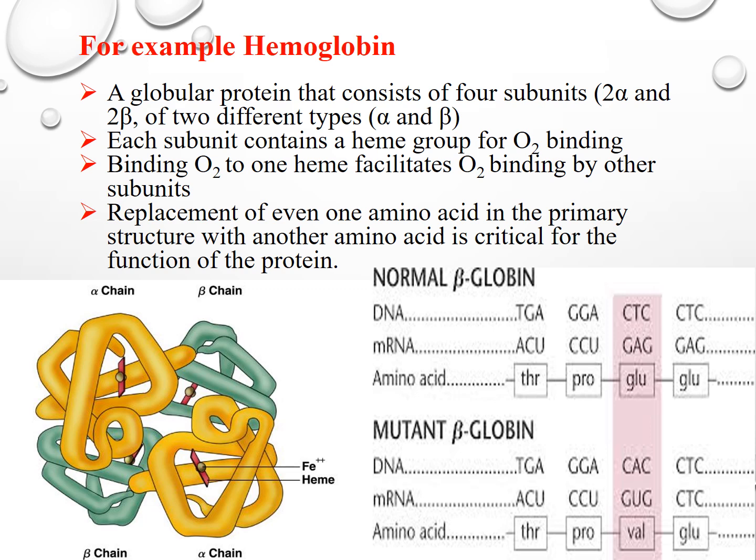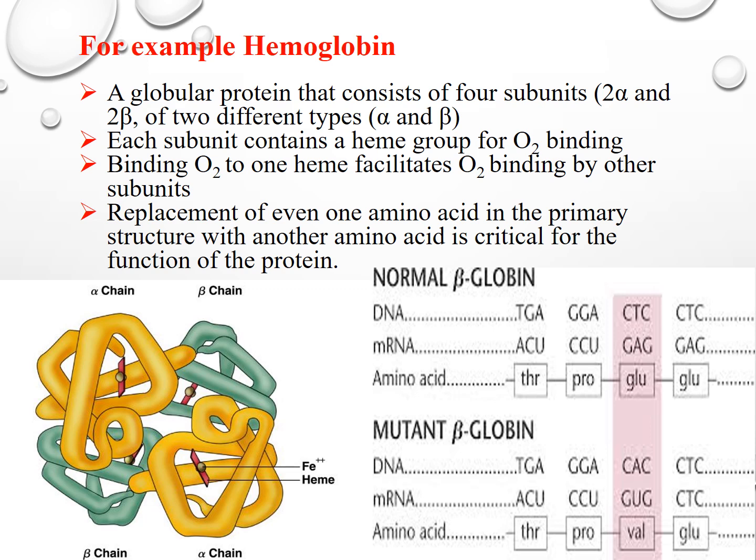of glutamate, instead of this binding, as you have seen, there is a CAC code, and when messenger RNA reads it, it forms the GUG code. The normal code was GAG. The abnormal code that is made is GUG because the DNA codon is altered.